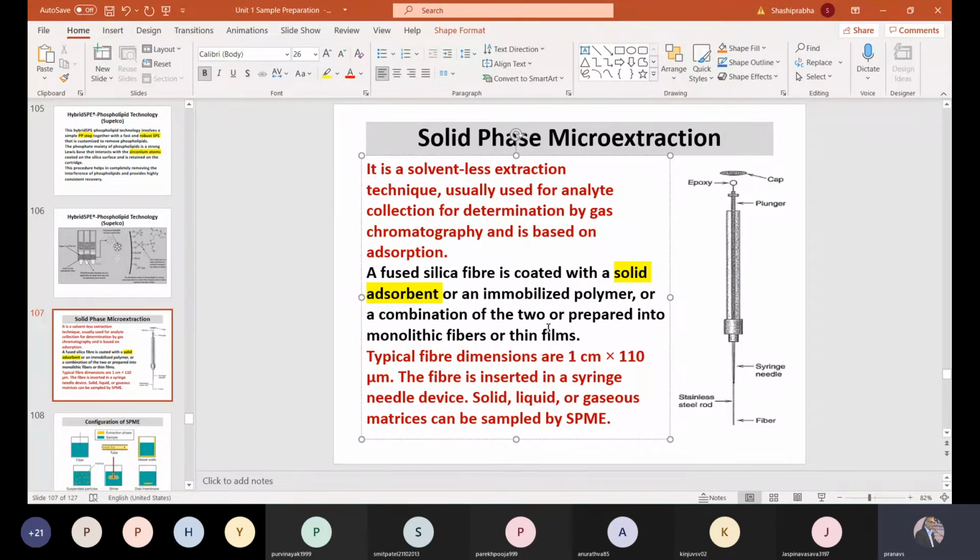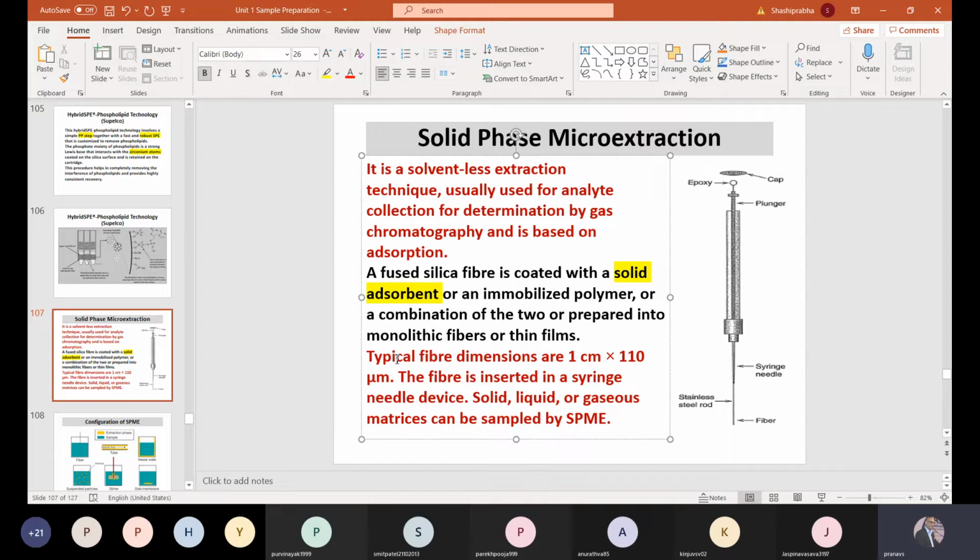That means the solid phase which we used in SPE is coated on the surface of this fiber. And the amount coated is less than 1 microgram. So you use 1 or 2 micrograms of your solid phase in solid phase micro extraction.